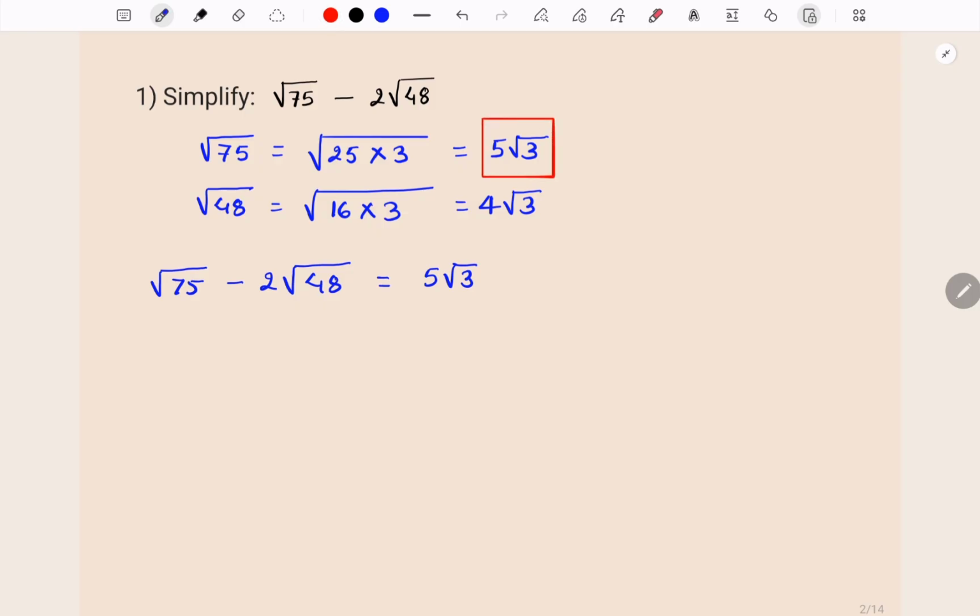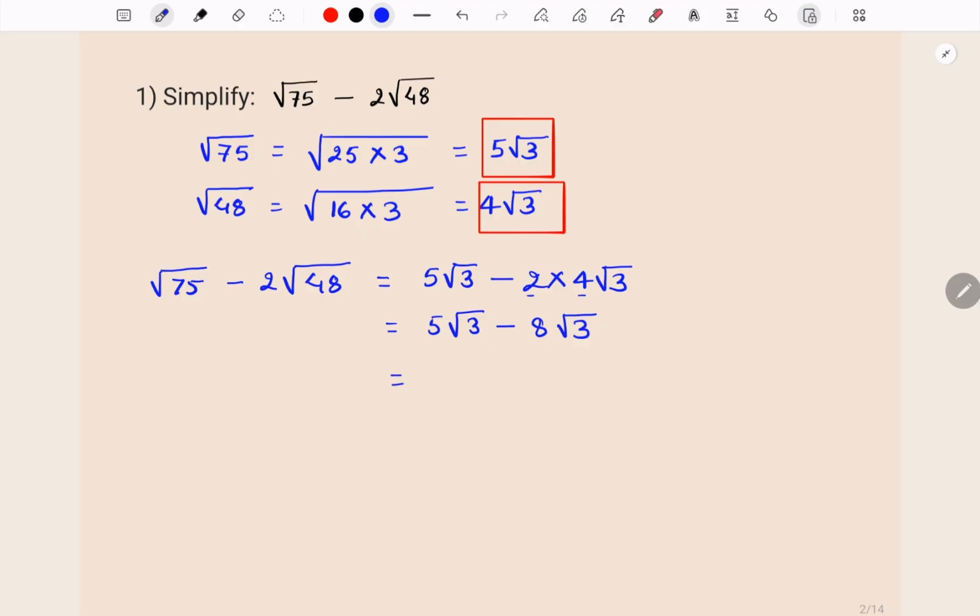And then we have this negative sign and 2 multiplied by square root of 48. Square root of 48 is 4 root 3, so let me just write 4 root 3 here. Now let's simplify. We have 5 root 3 minus 2 times 4 is 8, 8 root 3.